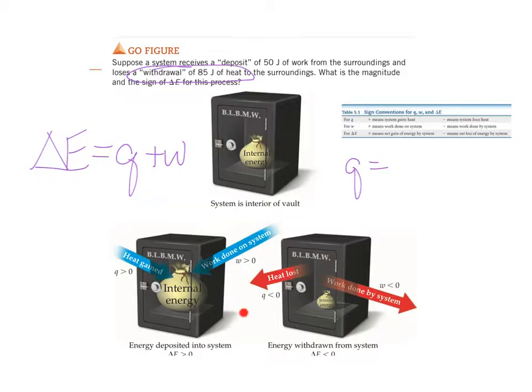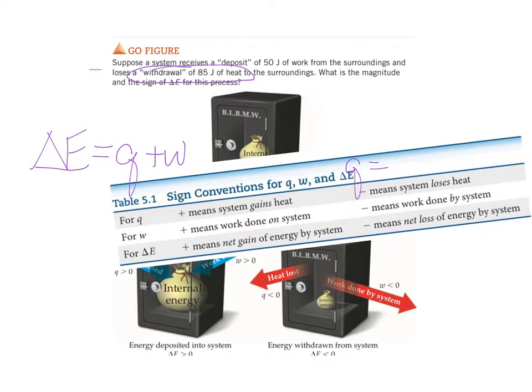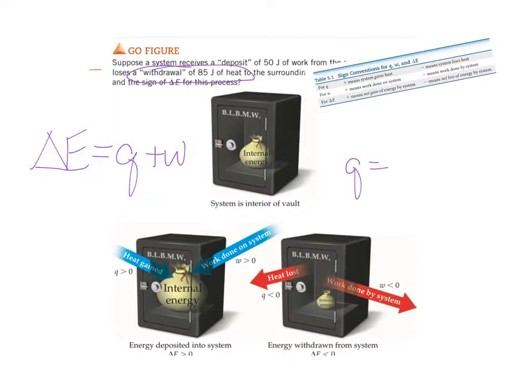If heat is lost, its sign is going to be less than 0. For Q, for heat, if heat is lost, you're going to use a negative sign. So our 85 joules are going to be minus 85 joules.